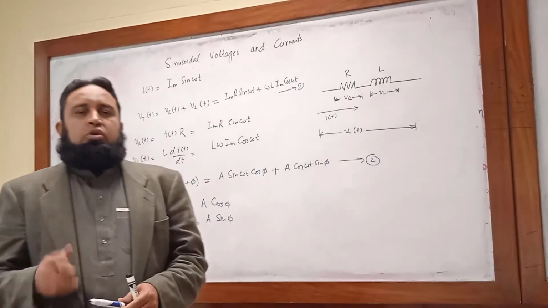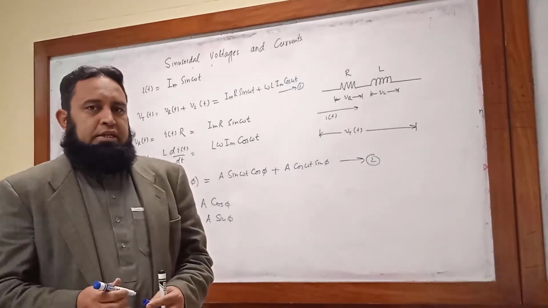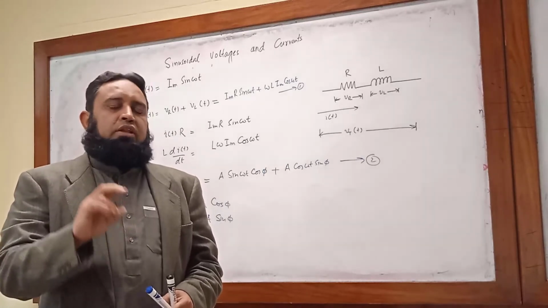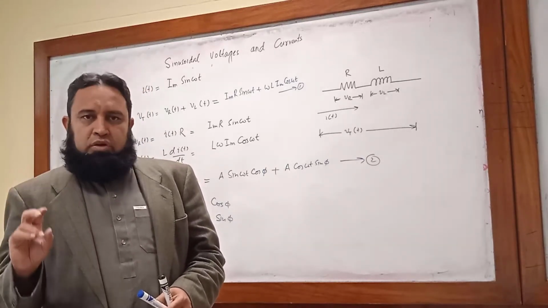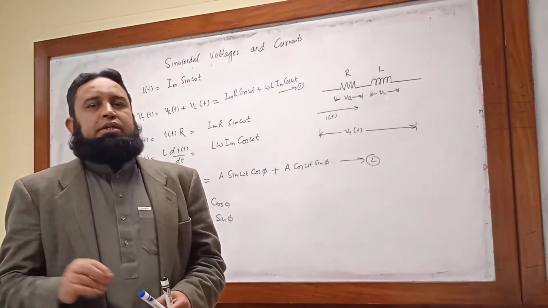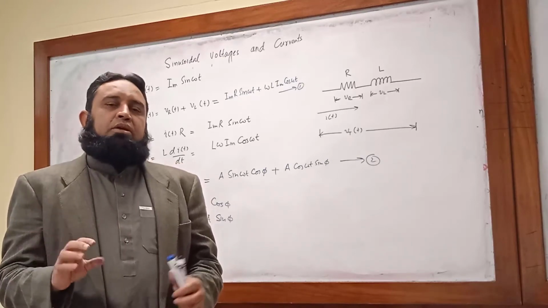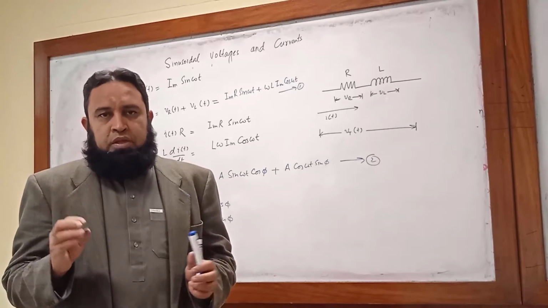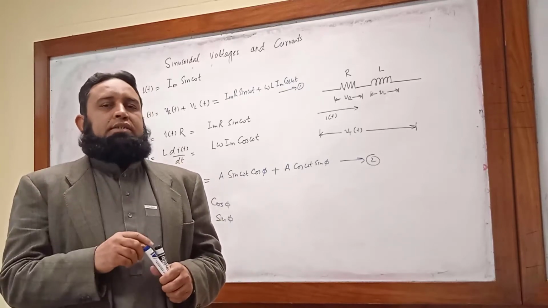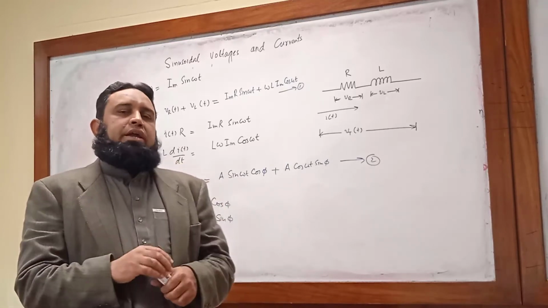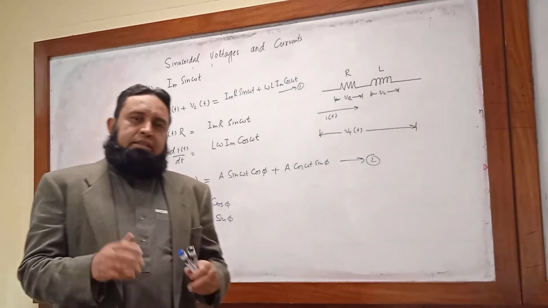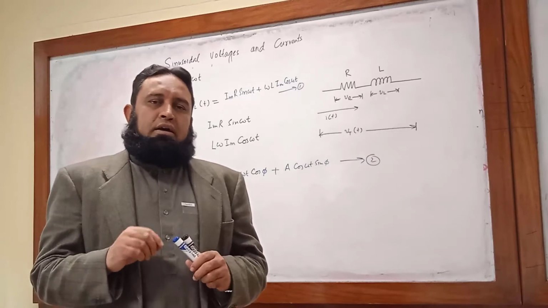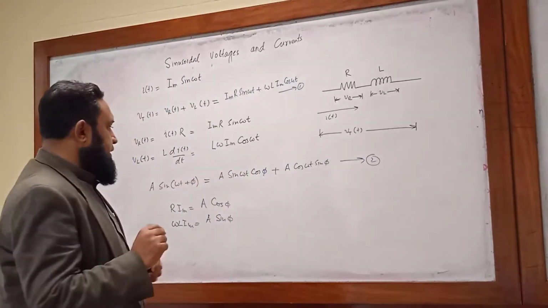As I told you in my previous lecture, when you are dealing with an inductor, the current will always lag the applied voltage, and that lagging will be by 90 degrees or pi by 2. But if you include a resistance in series with that inductor, then the lagging angle will be less than pi by 2 or 90 degrees.